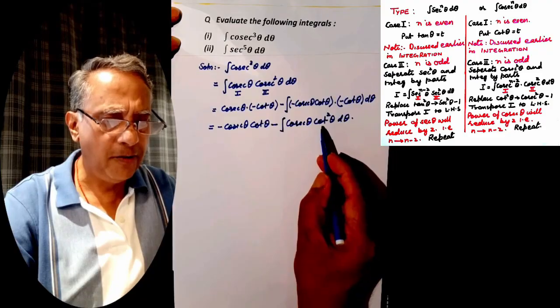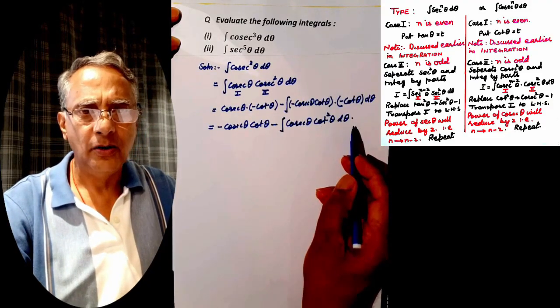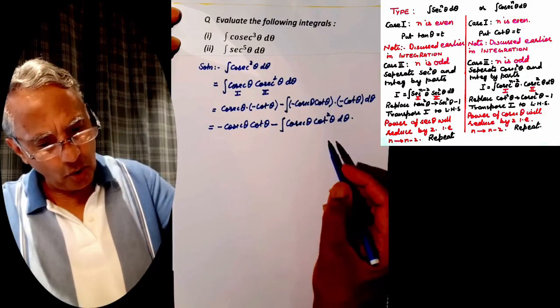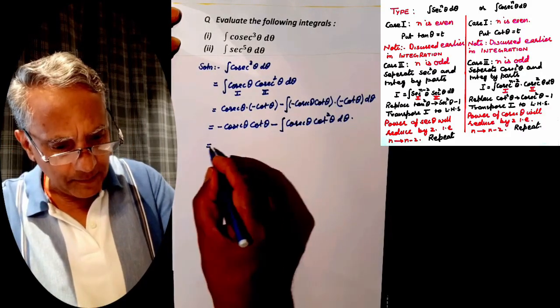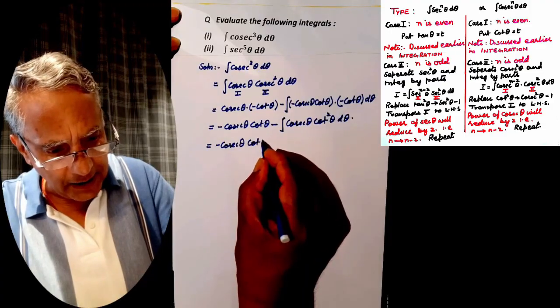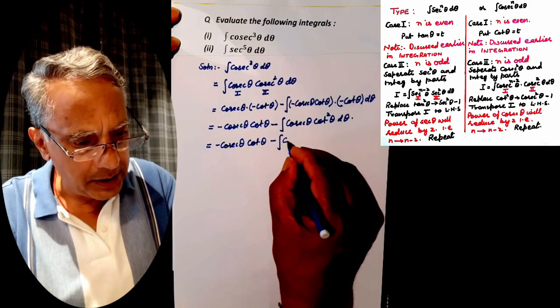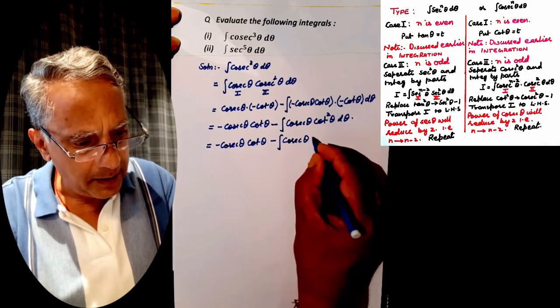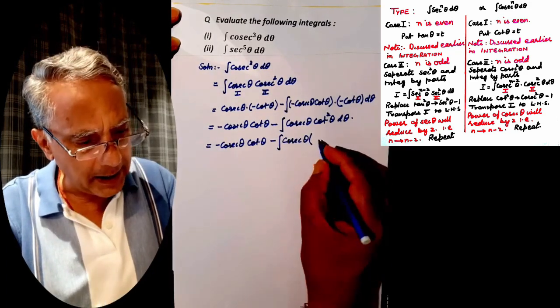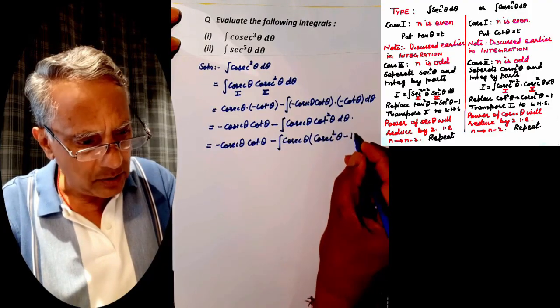Now in the result we will replace cotangent square theta with cosecant square theta minus 1. So we write this as minus cosecant theta cotangent theta minus integral of cosecant theta into cosecant square theta minus 1.